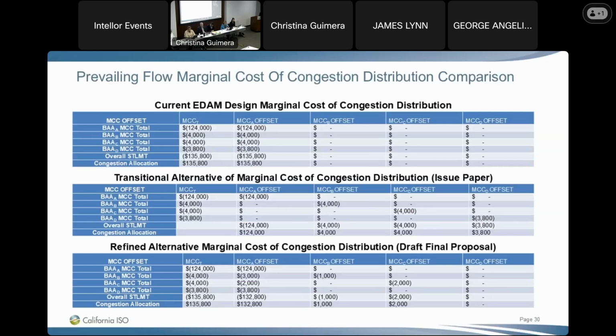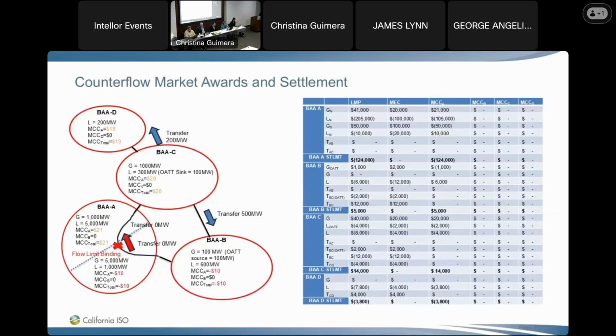Okay. All right, so I think we can switch gears to the next example then. I'll walk a little slower through the counterflow. So if we go to the next slide. In the counterflow example, I have still the same 4 BAs, same constraints binding.